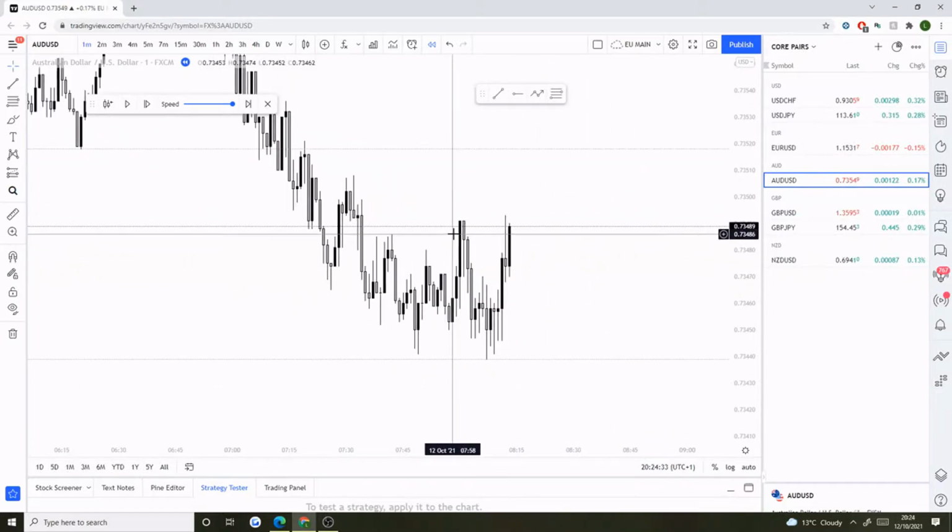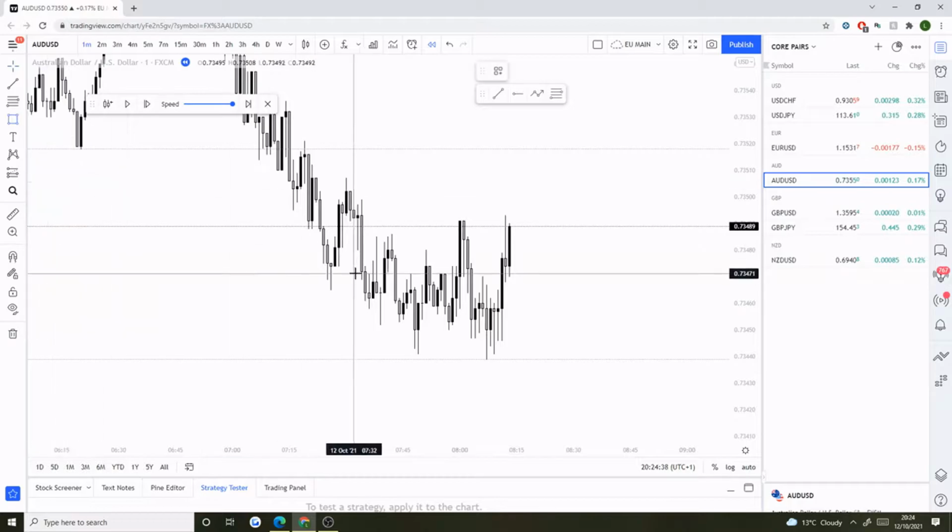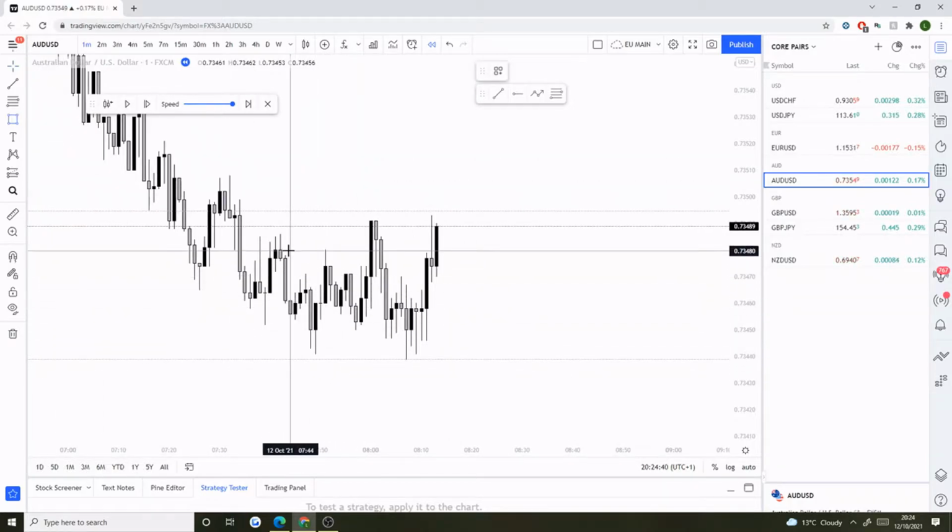So I started to look at the actual ranges on the 1 minute time frame. What I saw is we've got this high, and then we've got a low created down here. From this high to this low, that's our range pretty much.